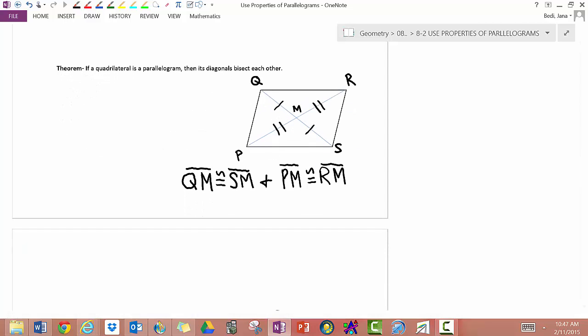If a quadrilateral is a parallelogram, then its diagonals bisect each other. And the reason for that is that if you think about it, in triangle QMR and in triangle PMS, if you look at these two triangles, we know that because this is a parallelogram, opposite sides are congruent.